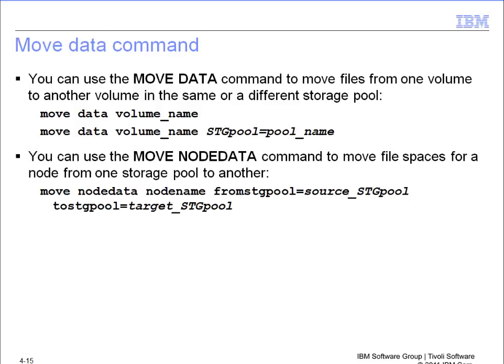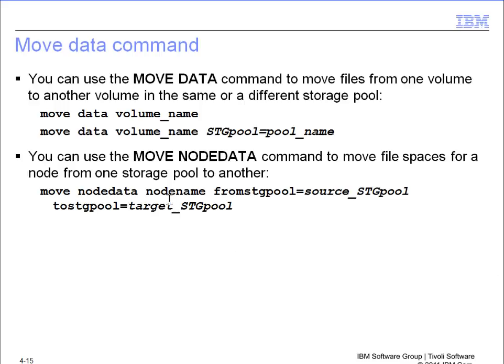Occasionally, you'll need to move data. We can do this with the move data command. You can move files from one volume to another volume in the same storage pool, or you can move them from storage pool to storage pool. If you're going to move your node data from storage pool to storage pool, use the move node data command. The example is here.